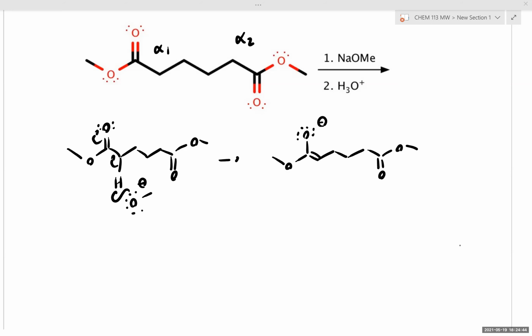What's going to happen next? So we have our nucleophilic enolate. Are there any electrophilic carbons in this molecule? The other ester, right? So we can attack our other ester.